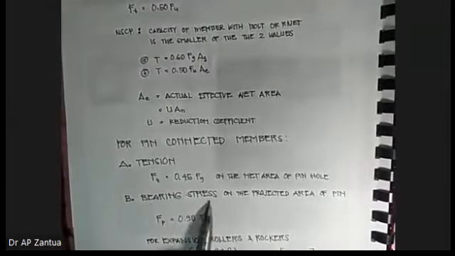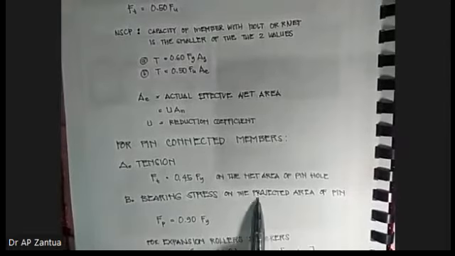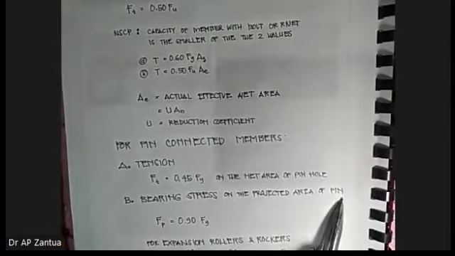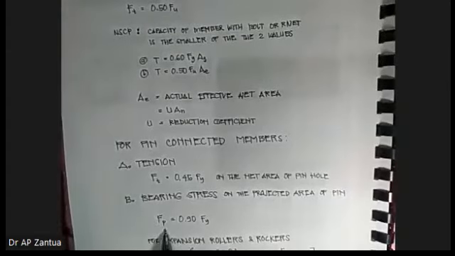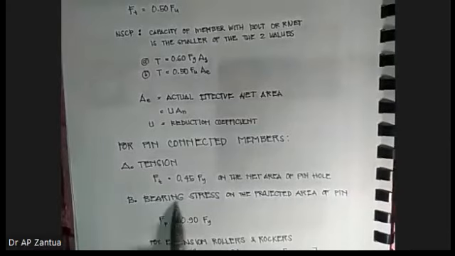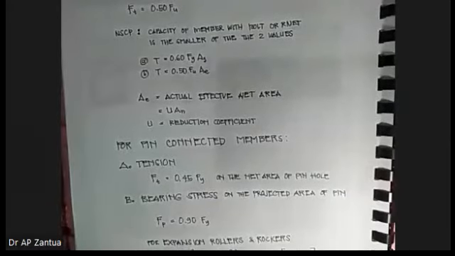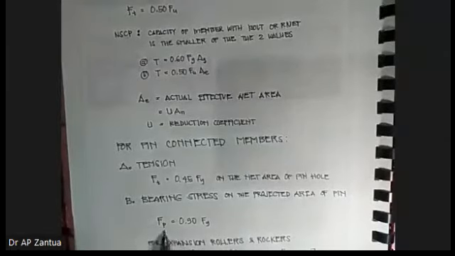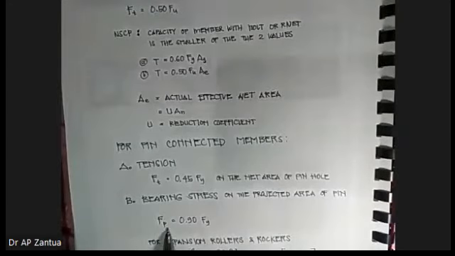So bearing stress, letter B, on the projected area of pin. What is the formula? FP. The meaning of FP is bearing stress. Something is really bad about civil engineers, no? Instead of using FB, which means bearing, they use FP, letter P as in Papa, which means bearing. FP is equal to 0.9 Fy.